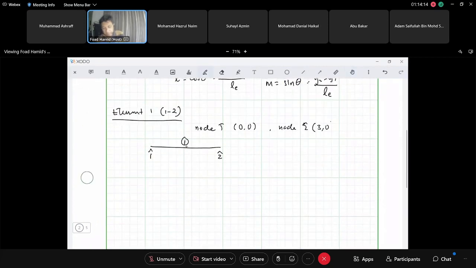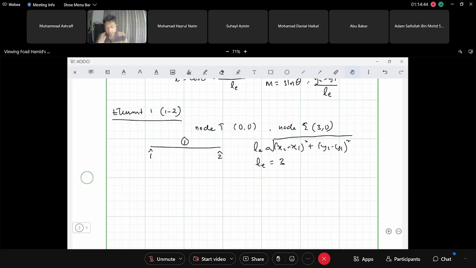Okay, so can we find what is our LE? LE is straightforward. If you want, you can use the square root of x2 minus x1 squared plus y2 minus y1 squared. Or from inspection, we know that our LE is just 3.